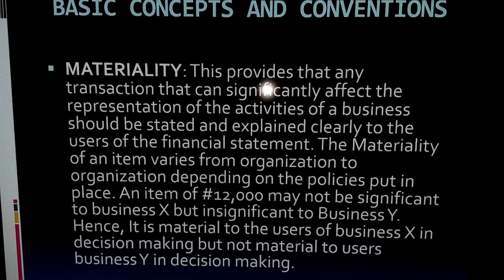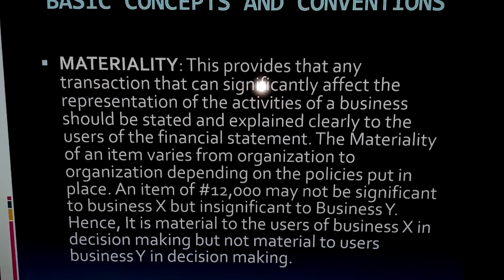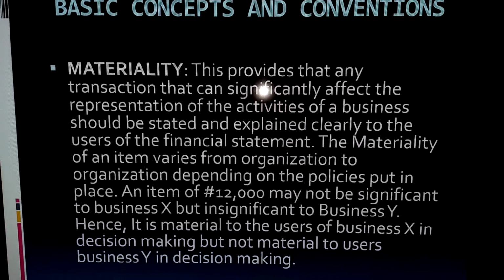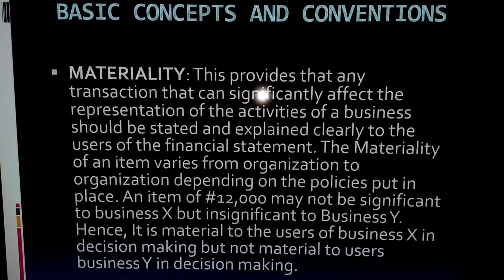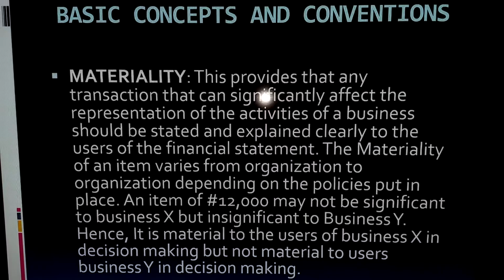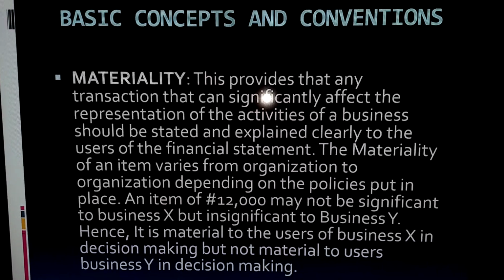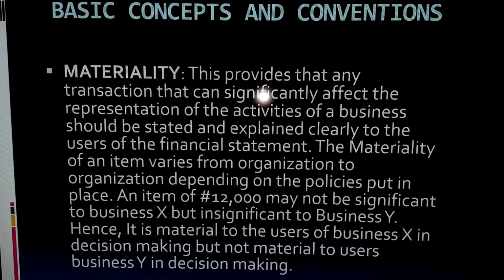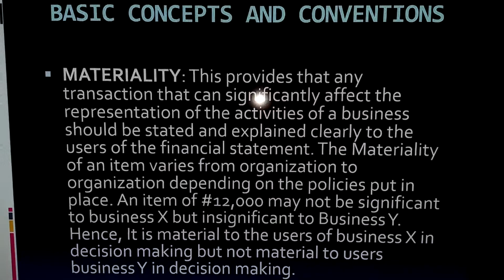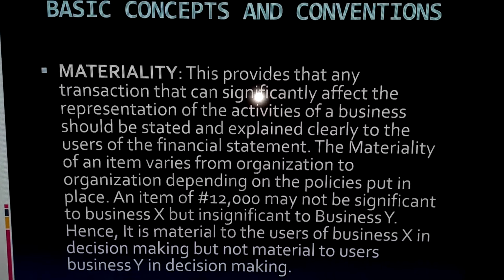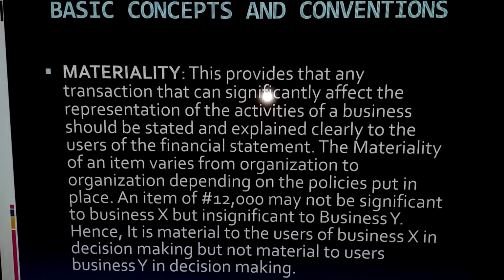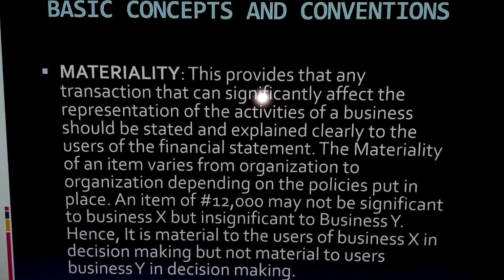This is the materiality concept. What we mean by materiality is the significance of an item. If you omit an item from the report, will it affect the decision of the users significantly?